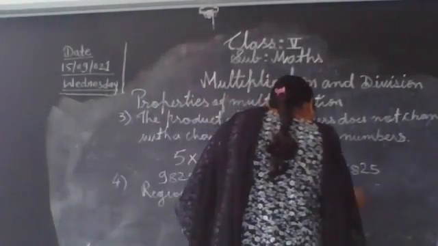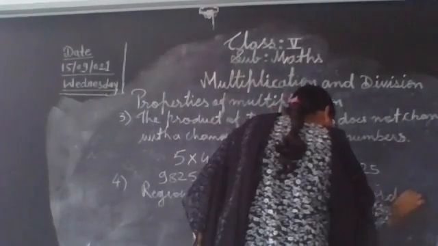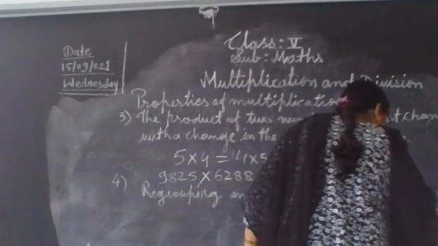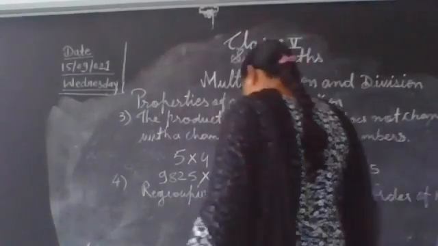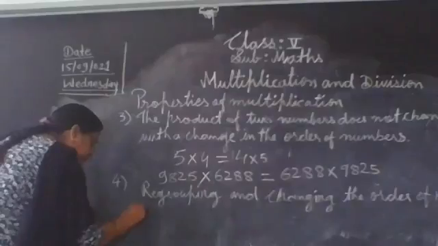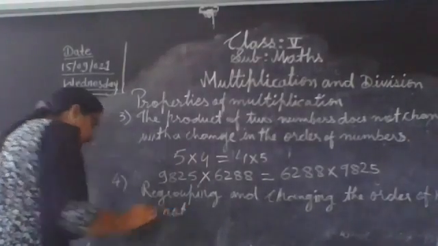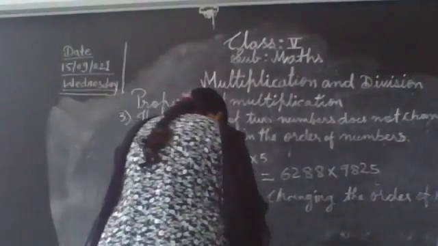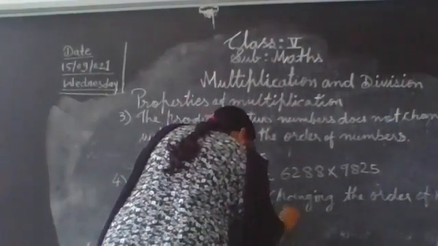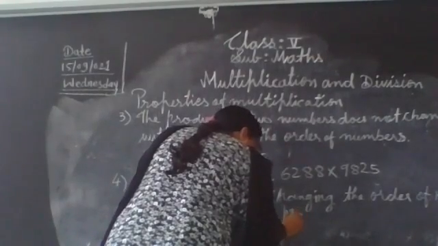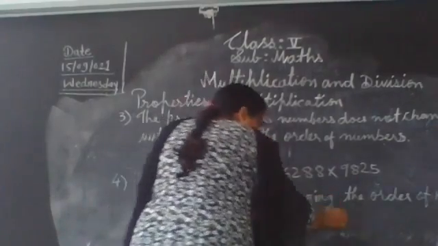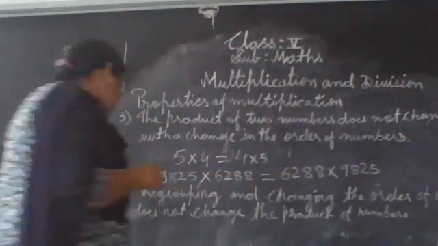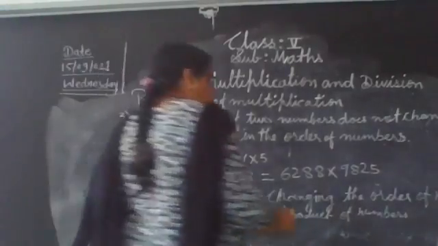Changing the order of numbers does not change the product. See beta, what happened?